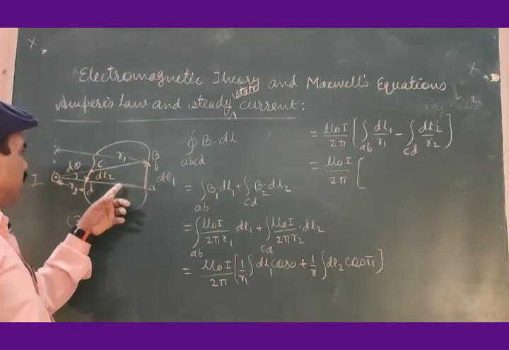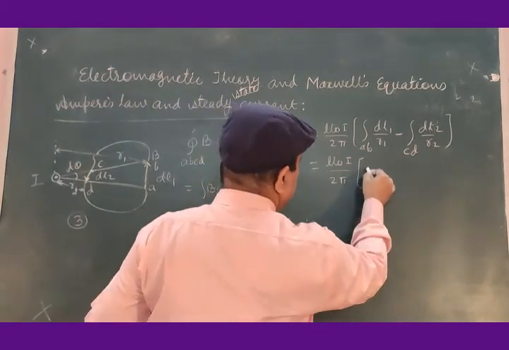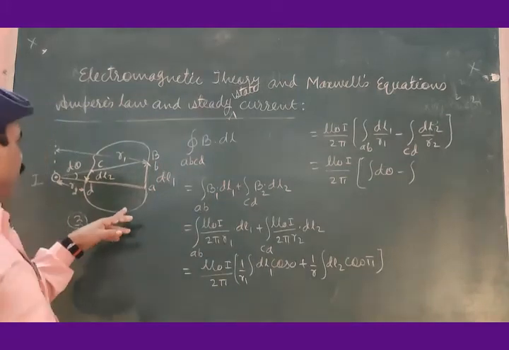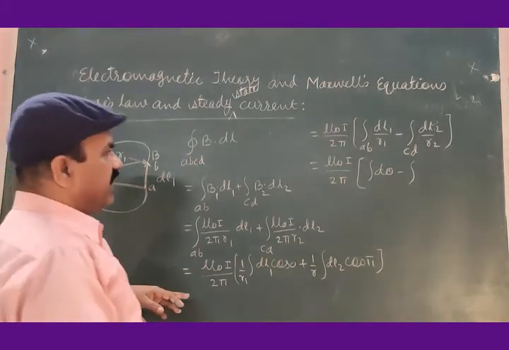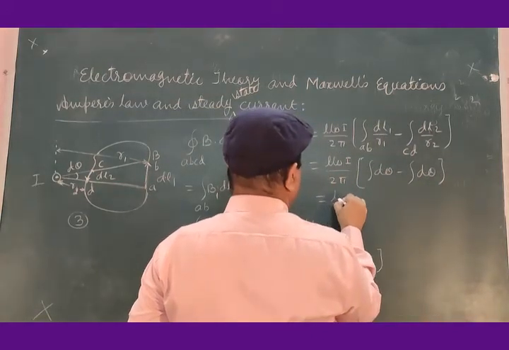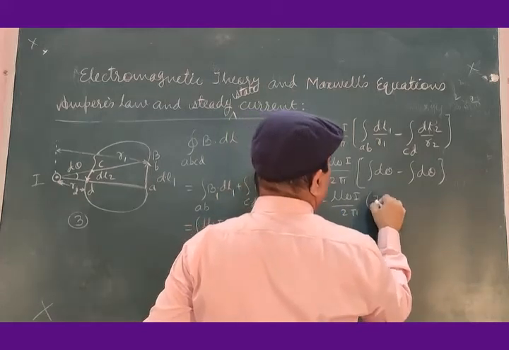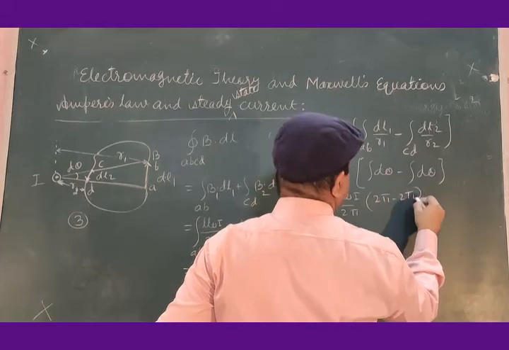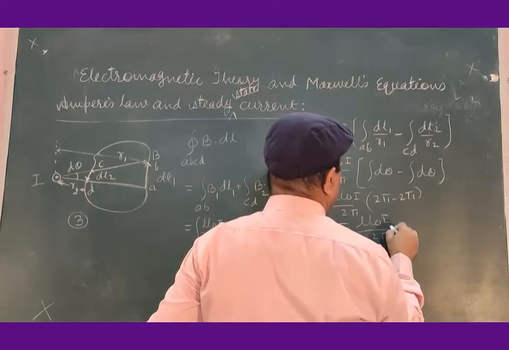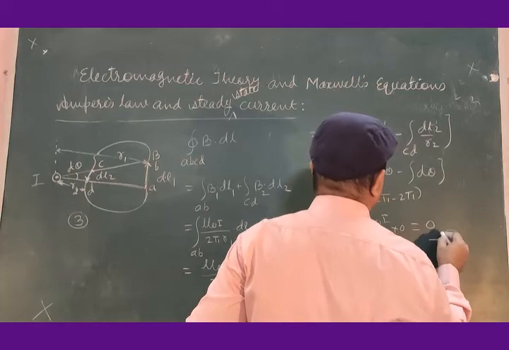What is dl1 by r1? It is angle d theta minus. What is dl2 by r2? It is again angle d theta. Mu 0 I by 2 pi into 2 pi minus 2 pi, that is equal to mu 0 I by 2 pi into 0 is equal to 0, equation number 8.